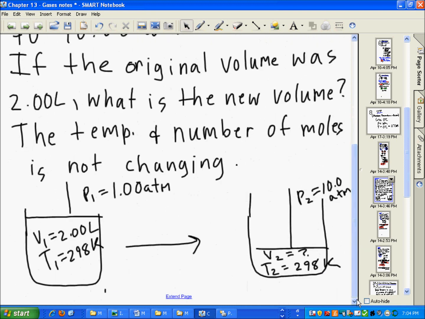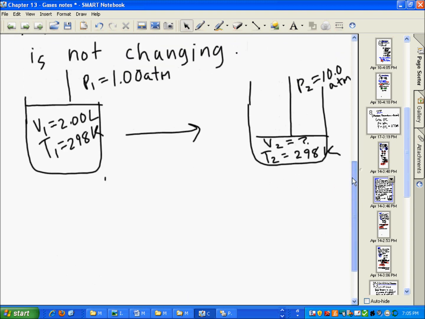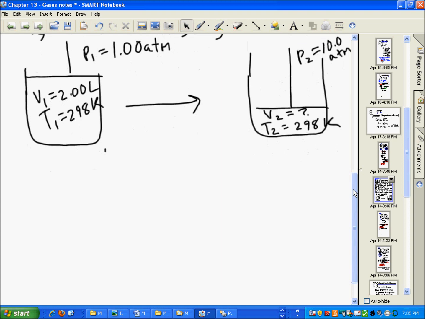And I've diagrammed this out below. So we're starting out with a pressure of 1.00 atm, volume of 2.00 liters, and temperature of 298 Kelvin. We're increasing the pressure to 10.0 atm, and we want the new volume. The temperature isn't changing, and it's a closed system. The moles aren't changing either. So it's changing conditions. So if it's changing conditions, what equation do we use?